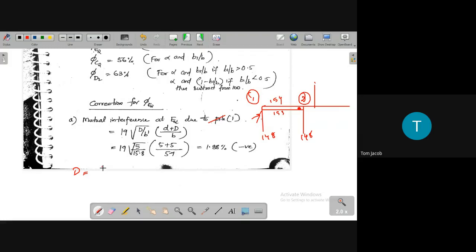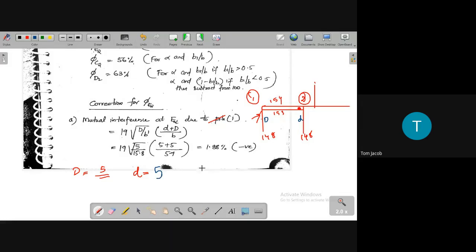That is 153 minus 148. That's equal to 5. And small d is also equal to 153 minus 148. That's the depth of the pile that we are considering. Capital D is the depth here, and small d is the depth here. That's equal to 5.